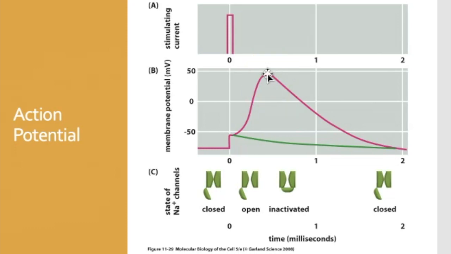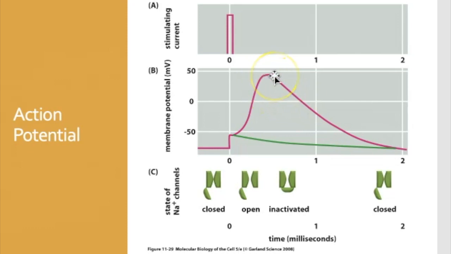At plus 40 the other thing that happens is the potassium channels open. Remember, potassium rushes out of the neuron, taking its positive charge. So the inside of the cell starts to become less positive or more negative, and we start to see this downward motion in the graph.